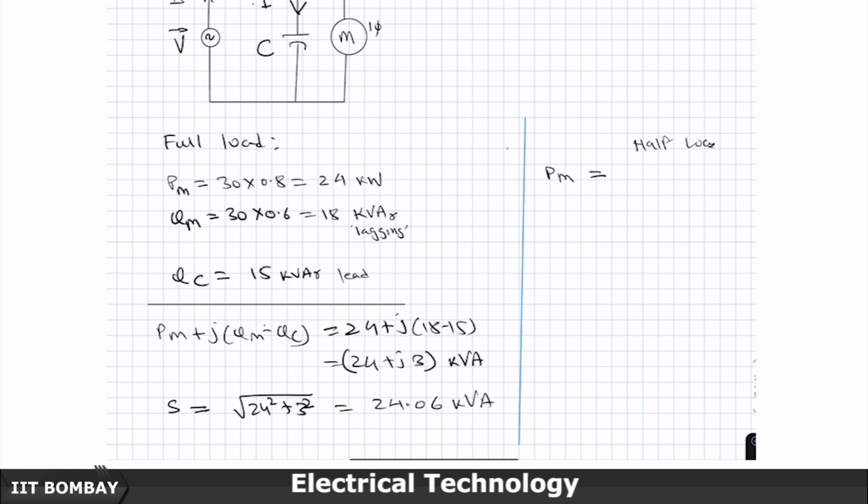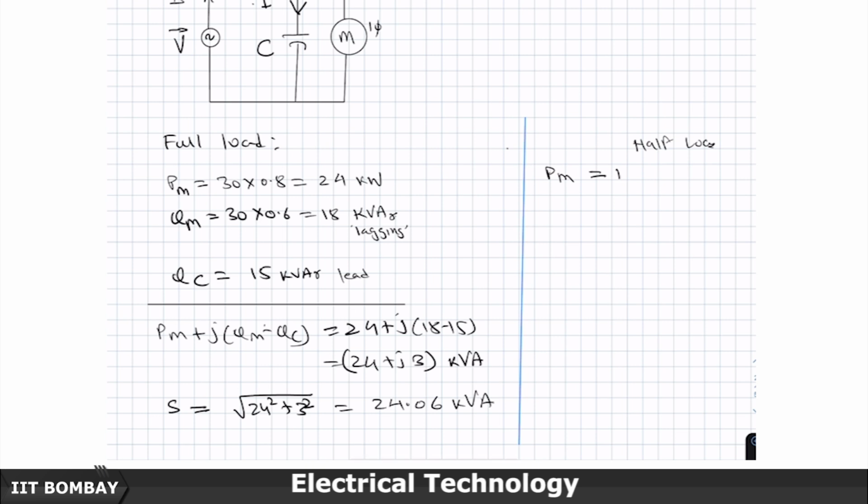So, half load kVA will be 15, and I think it is appropriate to assume that the power factor is going to remain the same, because nothing has been said about how the power factor changes. In real life it will actually change, but in this case we will assume that when we say half load, the kVA has gone by half.